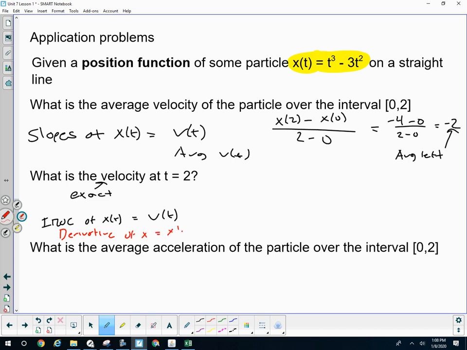X prime, that's v. We will be taking the derivative of x formulas to get x primes, which are v's, and we will be able to plug in values into that. So take the derivative of x, get x prime, plug in 2.